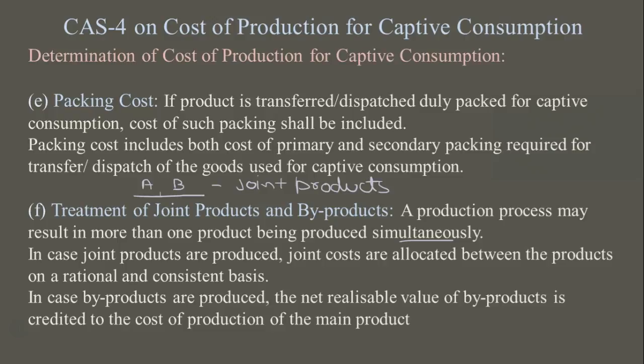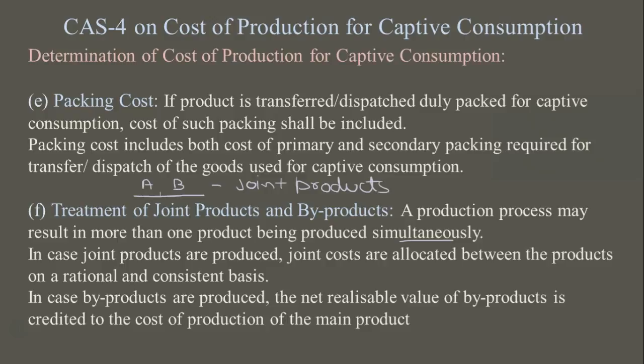In case byproducts are produced, the net realizable value of the byproduct is credited to the cost of production of the main product. See, we are producing A and B jointly, for selling in the market.